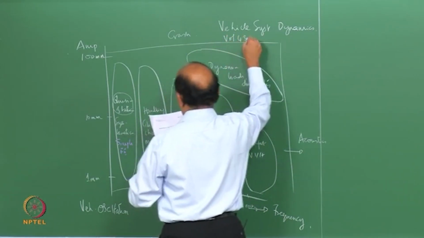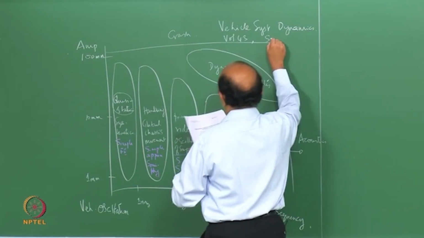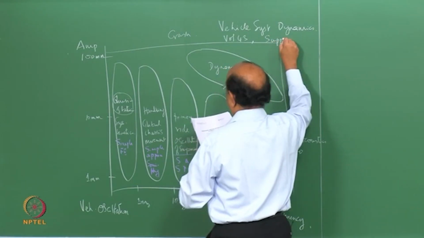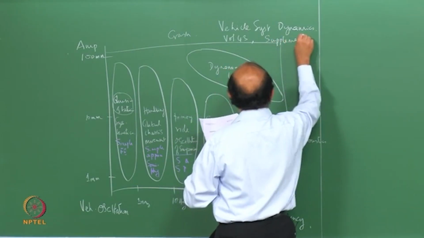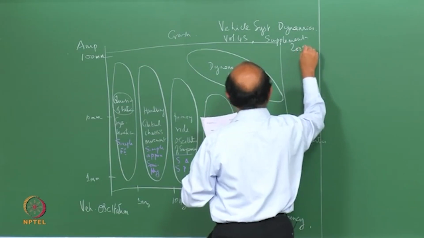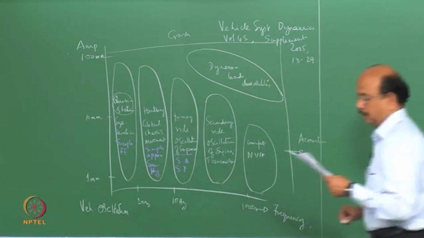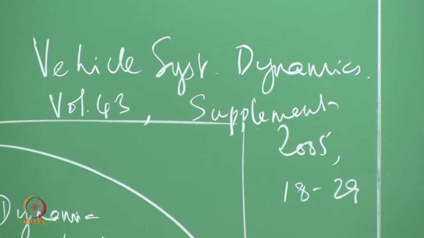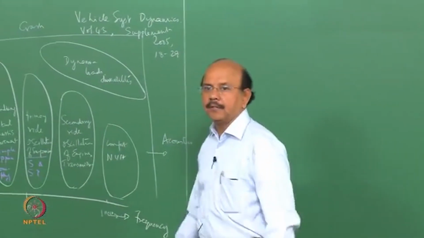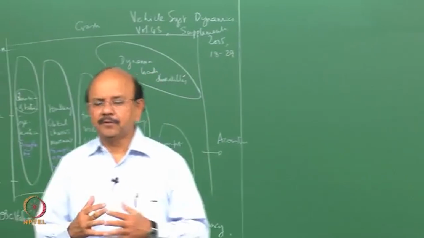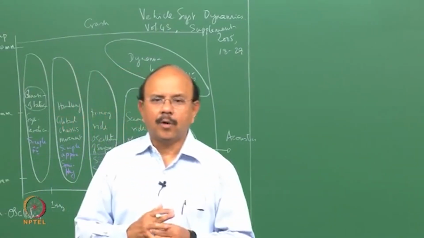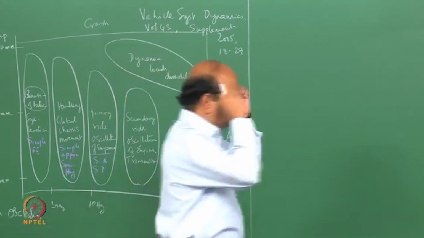Volume 43, supplement, 2005, pages 18 to 29, Alex Eichenberger and Marcus. So there's a reference for this, and let's just quickly run through this so that you understand what we mean by tire models.